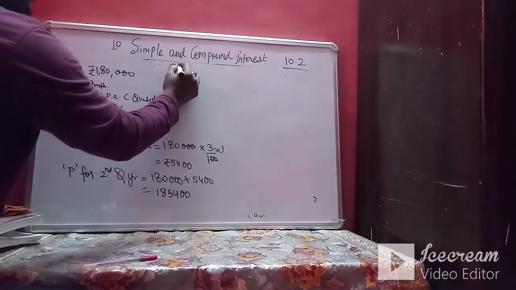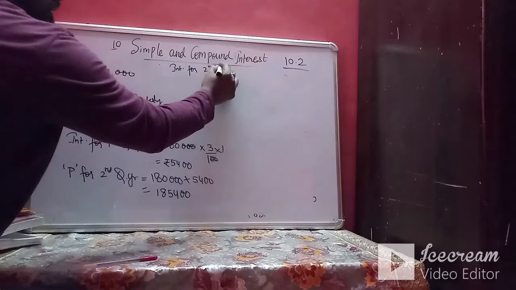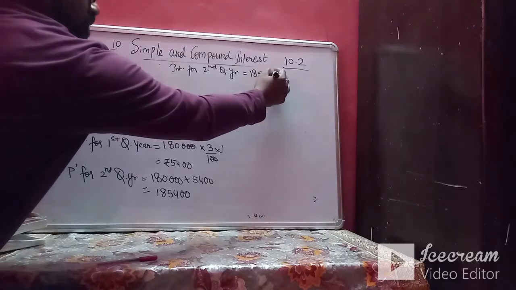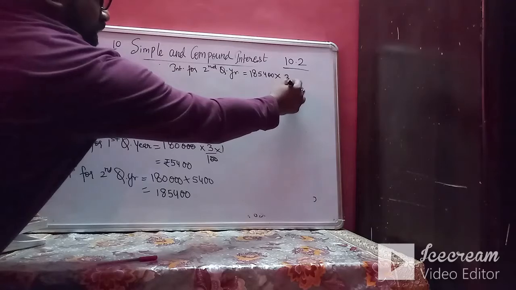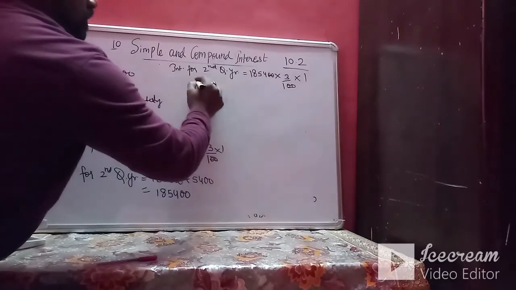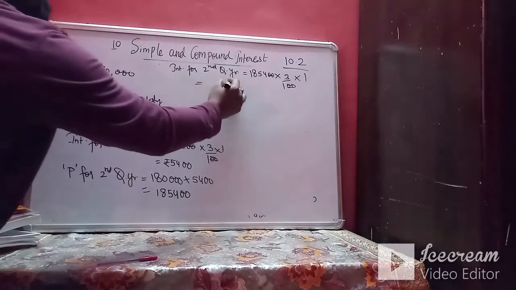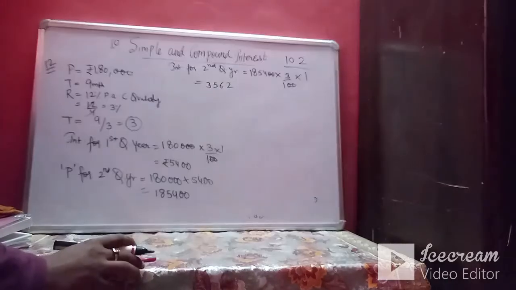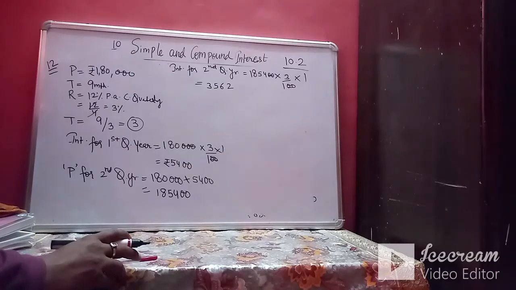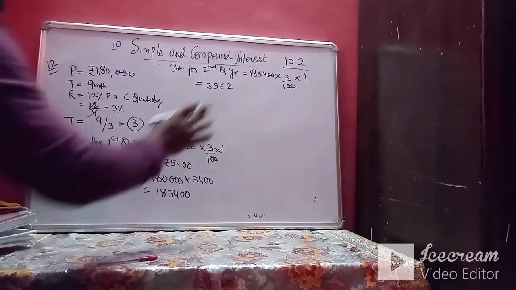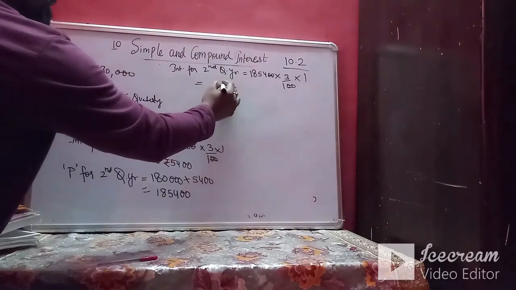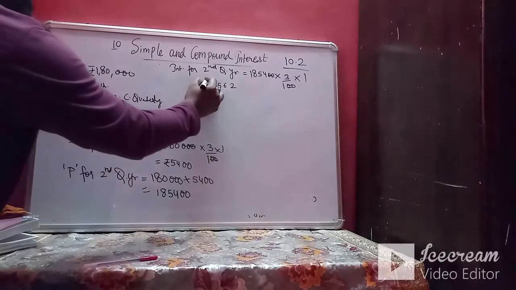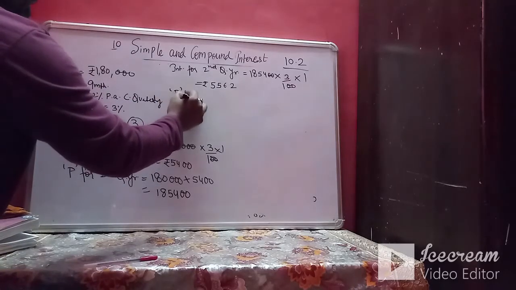Then we will calculate interest for the second quarter year, that is 185,400 into rate 3 upon 100 into 1, that is ₹5562.